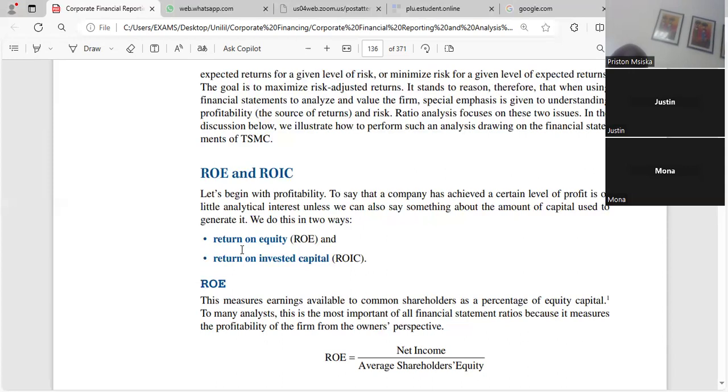You take the beginning or opening balance plus the closing balance, divided by 2. So you take the opening balance of shareholders' equity plus the closing balance, which means you have to use balance sheets of 2 years.